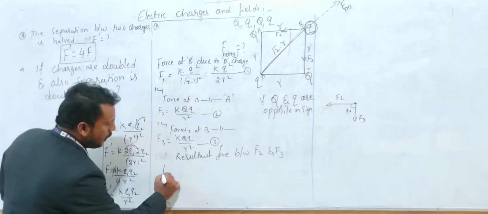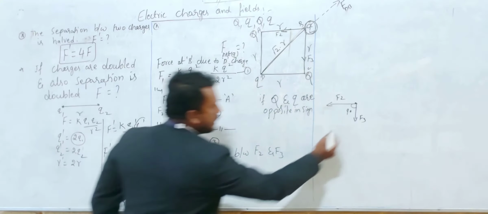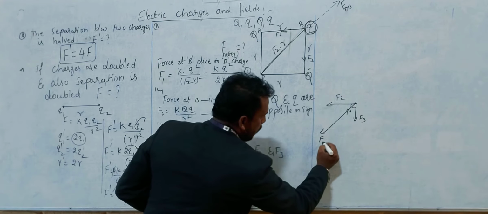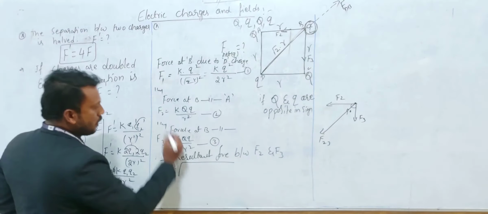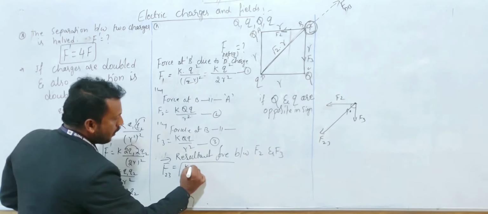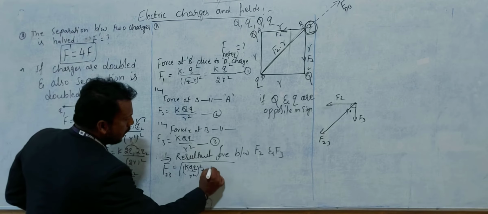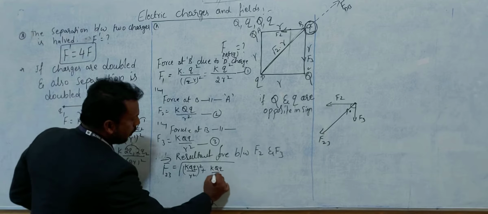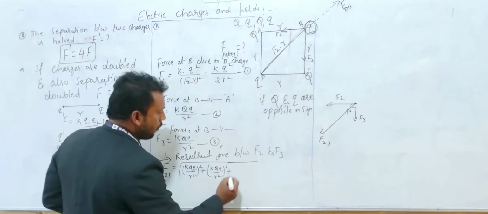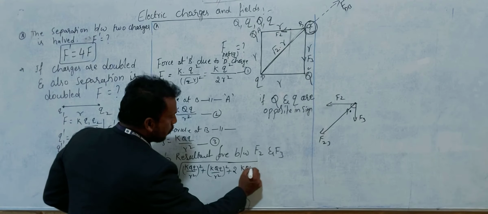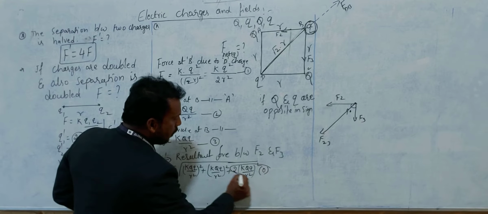F23 is the resultant force in this direction. F23 is equal to square root of F2, which is K capital Q small q divided by R square, whole square, plus K capital Q small q divided by R square, whole square, plus 2 F2 F3, which are the same, so 2 into K Q small q divided by R square whole square, times cos 90. Cos 90 is 0, and 0 into everything is 0.